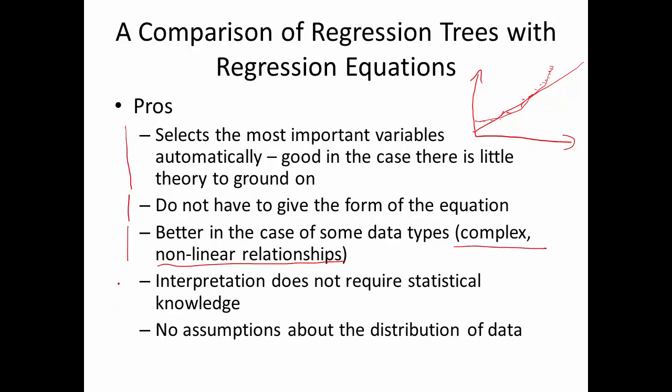The interpretation doesn't require statistical knowledge. We just read those decision trees as they are and get the results out. No assumptions about the distributions of data. So remember, with linear regression, you have things like heteroscedasticity and autocorrelation and multicollinearity.